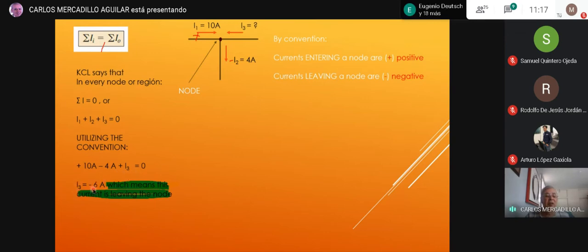So I3 equals minus 6 amps. Because this is negative, it means this current is leaving the node. Then let's put it.